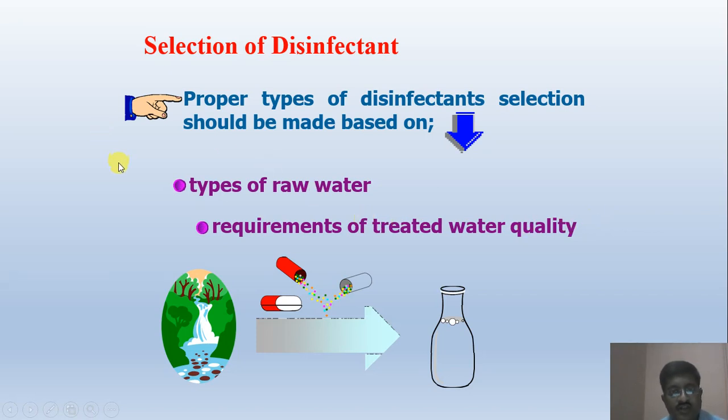Now, how is the disinfectant decided? Proper selection of the type of disinfectant should be based upon the type of raw water and the requirements of treated water quality. Two major parameters are there on which the selection of the disinfectant is made.